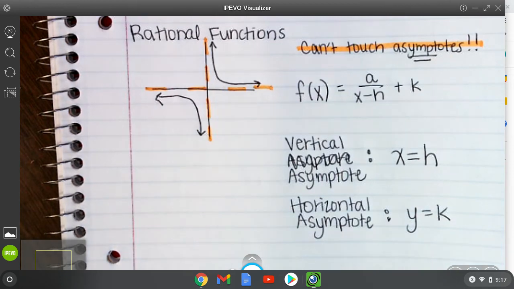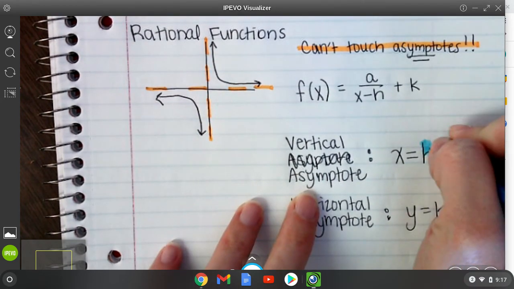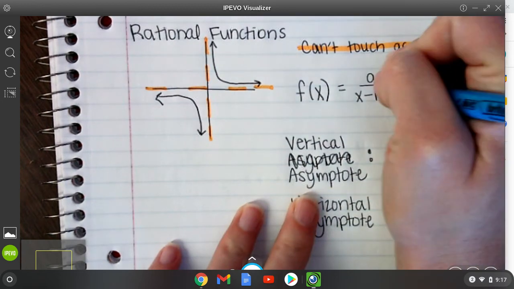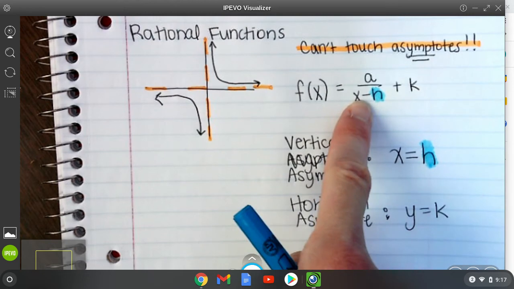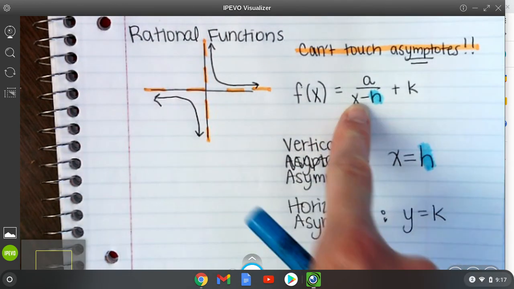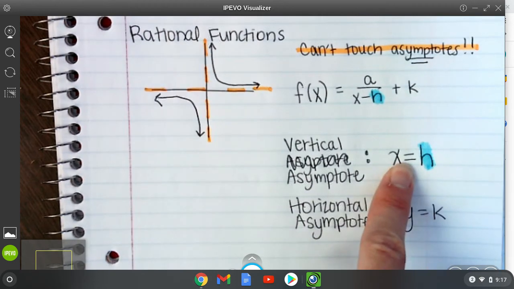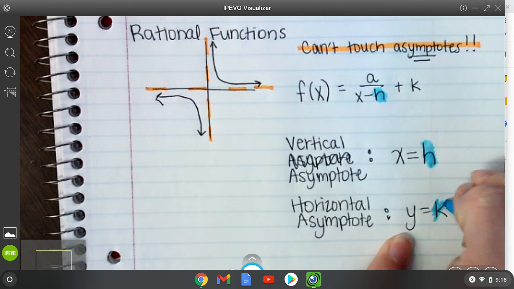All right, so let's look, though. Let me get one more highlighter to highlight this. Okay, so the vertical asymptote is just x equals h. h is going to be your number right here. But you have to be careful with this minus sign, because the standard form has a minus sign, but if your problem had a plus sign, then h is going to be negative. Does that make sense? And then your horizontal asymptote is y equals k.